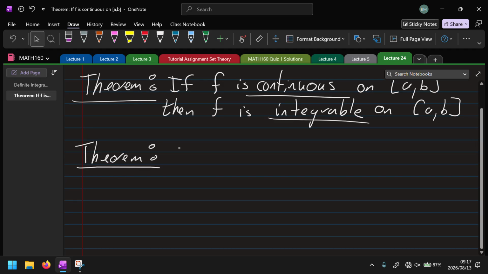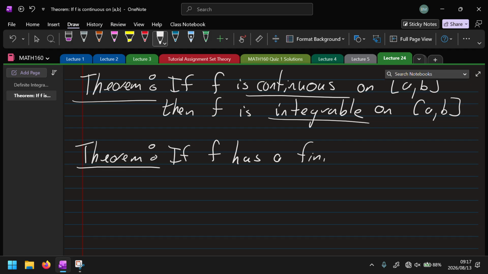Okay, next theorem. If f has a finite, okay, very important, it must be finite. So a finite number of jump discontinuities. We know what those are. We saw examples. Quickly, jump discontinuity. What does that mean?